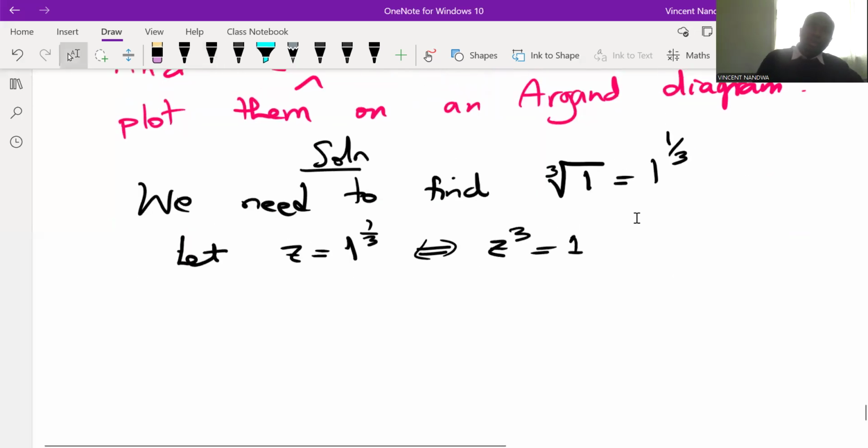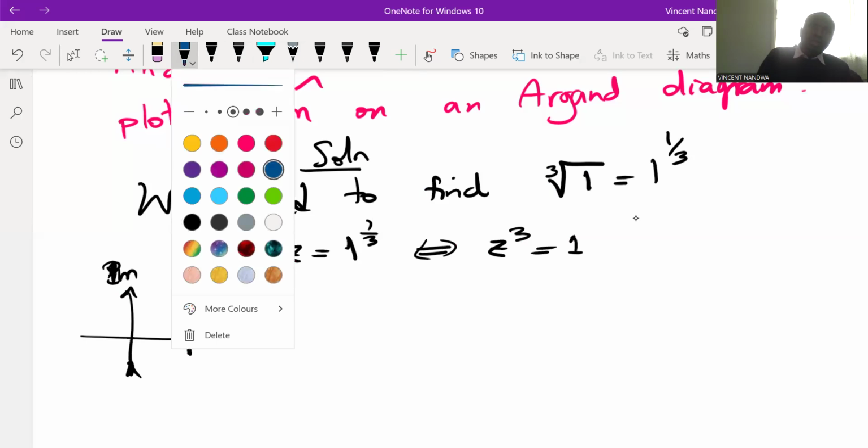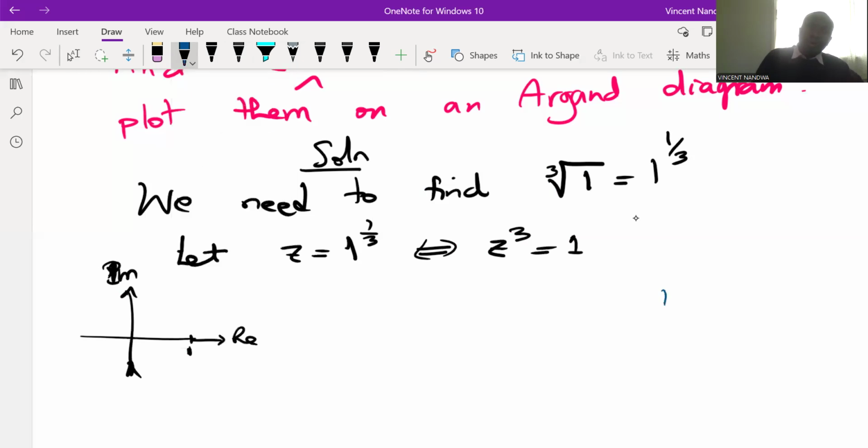And you know, this is why you have 1 on this Argand diagram. So this is the imaginary axis. Remember when you say 1, it is the same as 1 plus 0 i.